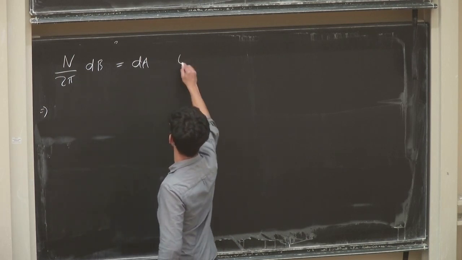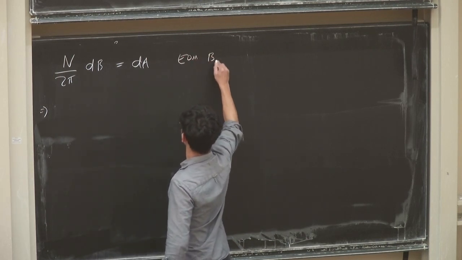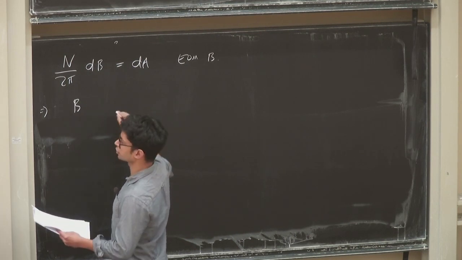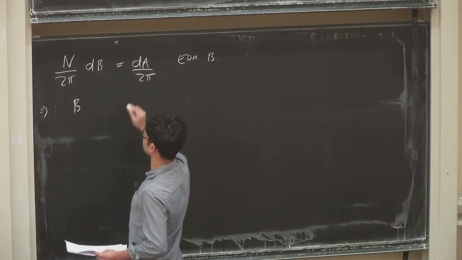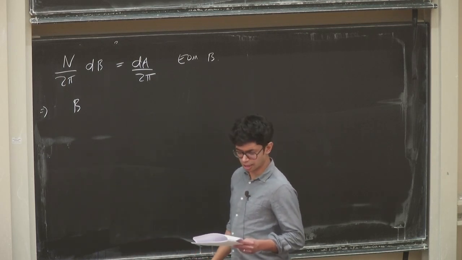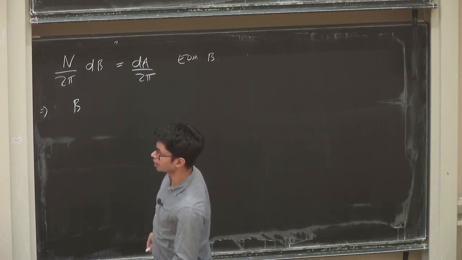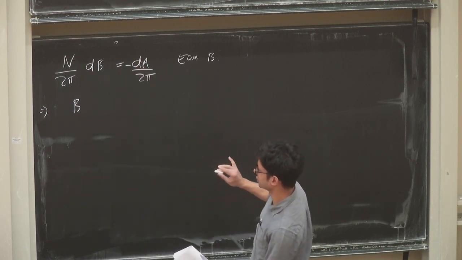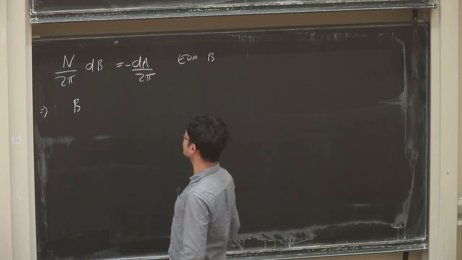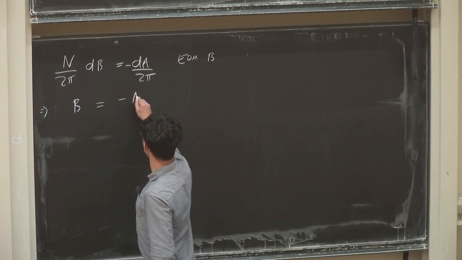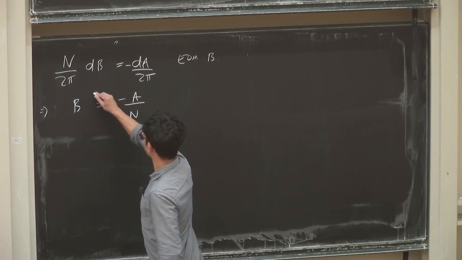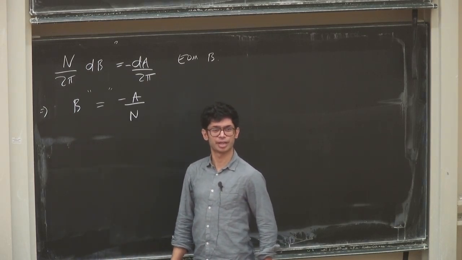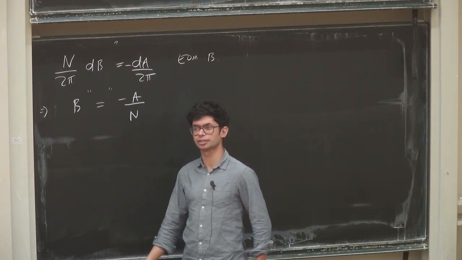This is the equation of motion for B, which means that B is equal to minus A over n. I'm going to put this equal sign in quotes for reasons I'll explain in a second, but if you just don't think about it too hard, you get this equation.